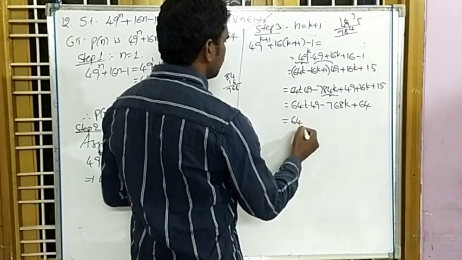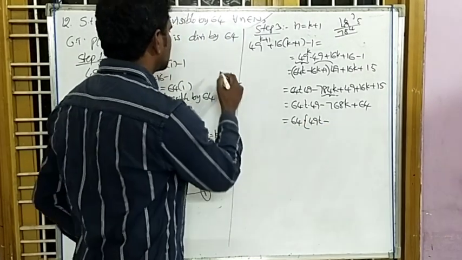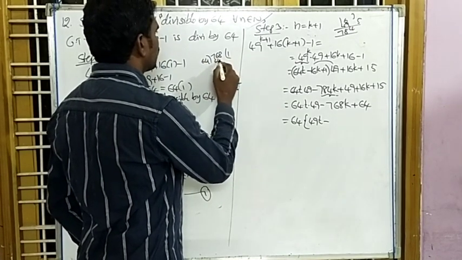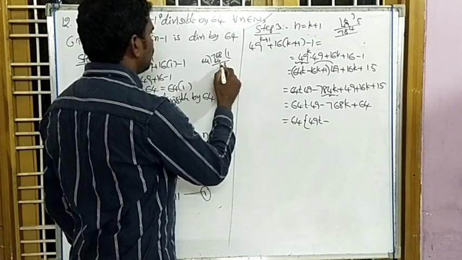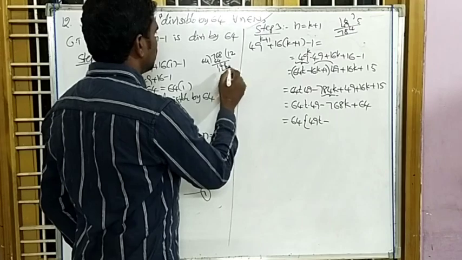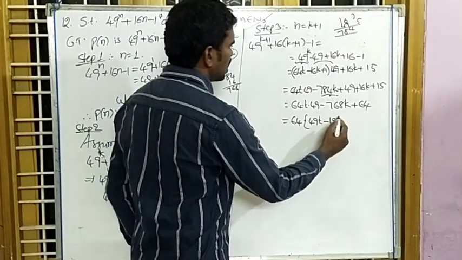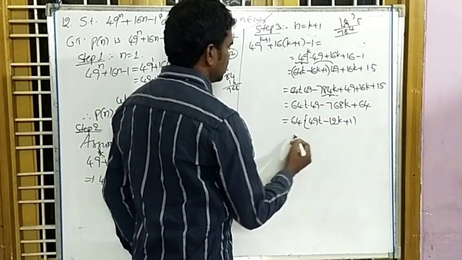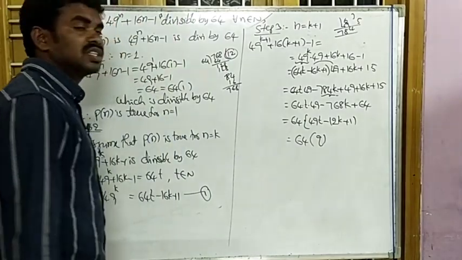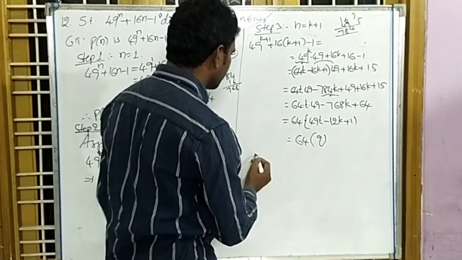Is 64 common in every term? Yes, 768 is in the 64 table, 64 into 12, so 12k, and 64 into 1. So yes, we got 64 into something, taking that something as q.